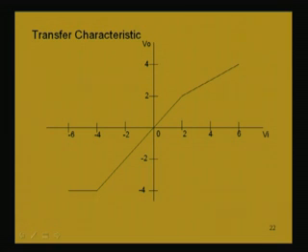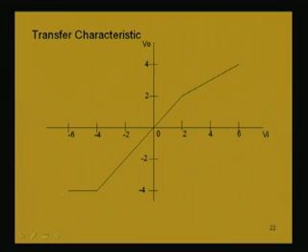But when the magnitude of the reverse voltage is greater than 4 volt, diode D2 will conduct. When diode D2 conducts, the output voltage Vo is equal to minus 4 volt. So, it is constant at minus 4. This characteristic is called the transfer characteristic.